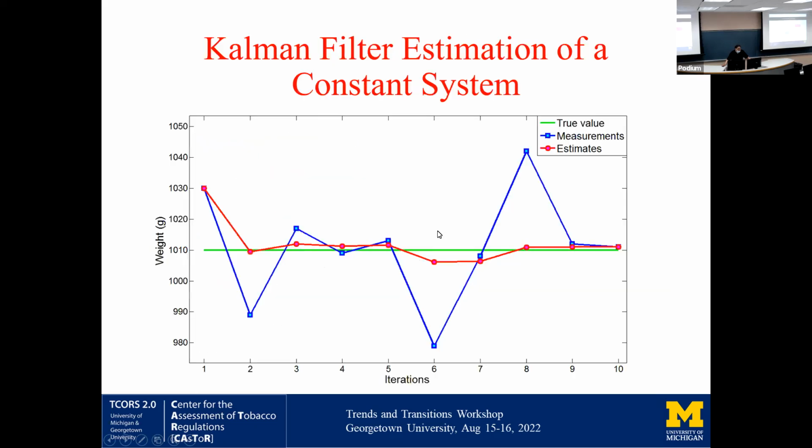So this is an example of one performance of a Kalman filter. We are here trying to measure a constant state. We're trying to guess, let's say, the height of a building, right?